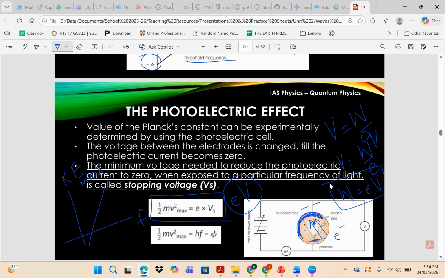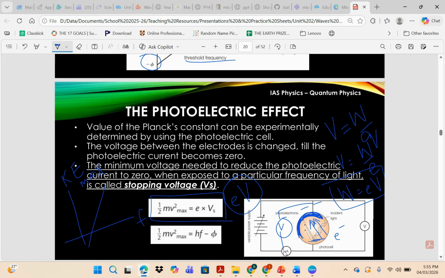So how much work needs to be done by the electrode to stop the electrons from reaching it? The work that needs to be done by this electrode, the one shown curved over here, has to be equal to the maximum kinetic energy of the electrons. Since we can control the potential difference applied, how can we measure it? Just by using a voltmeter parallel to this setup, we can determine how much voltage is being applied.